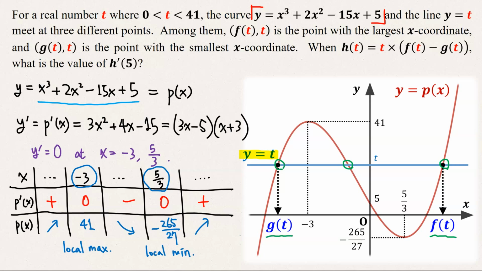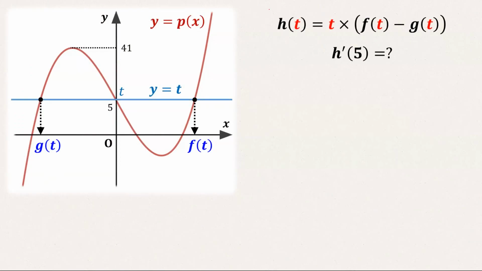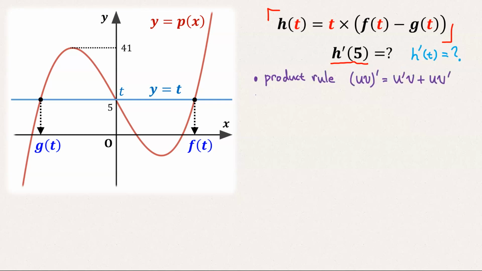For the next step, it is given that h(t) is defined like this, and we are asked to find the value of h prime 5. So we have to calculate the derivative of h(t), and we can do that using the product rule. So the derivative of h(t) is, first we differentiate t, which just gives 1, so we have f(t) minus g(t).